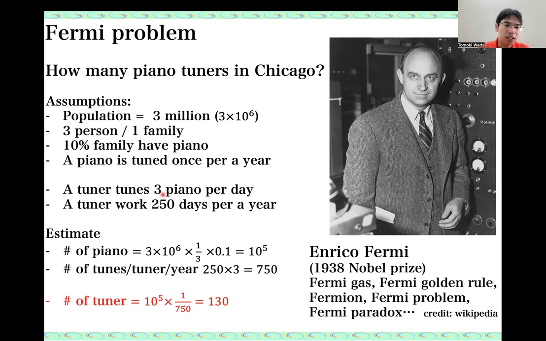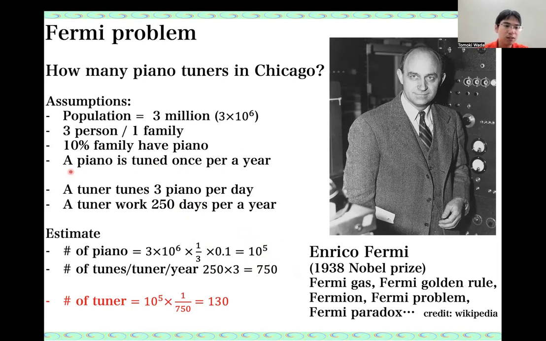Just multiply these values. So one tuner tunes about 700 pianos per year. Here is the number of pianos, and here is the number tuned per tuner per year.